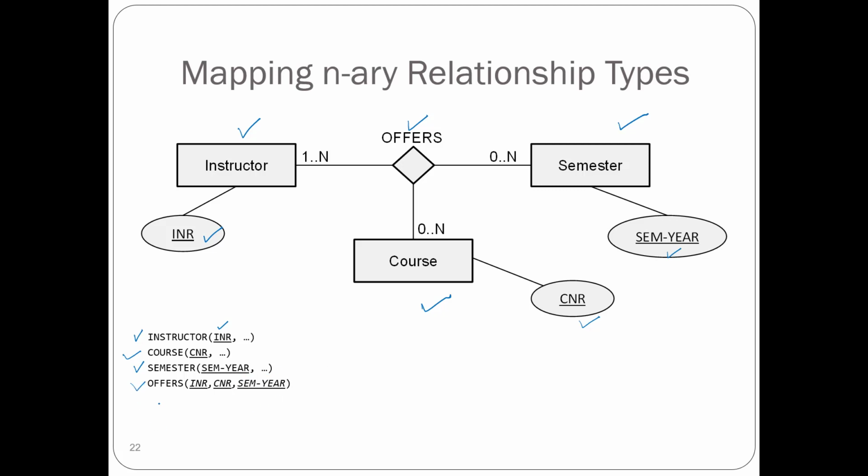And offers is the most interesting relation here, because that will implement this n-ary relationship, and it will have the foreign keys INR, CNR, SEM year. Okay, and they all need to be not null, and they all taken together will form the primary key, similar to the previous example.